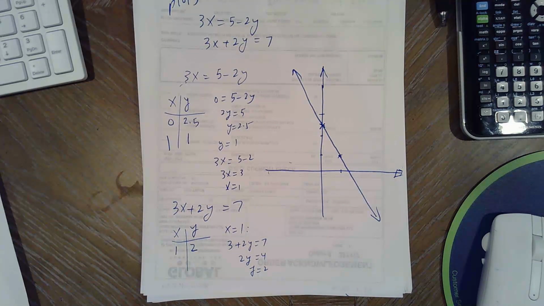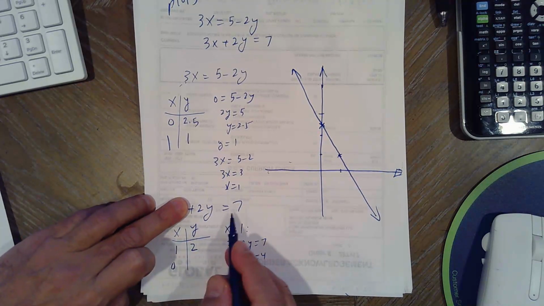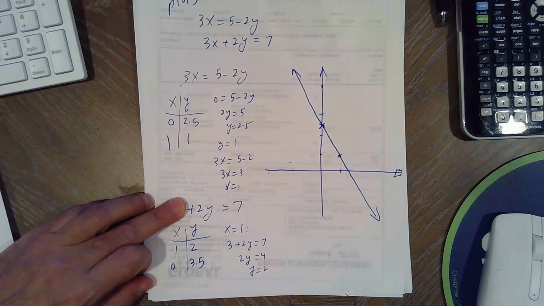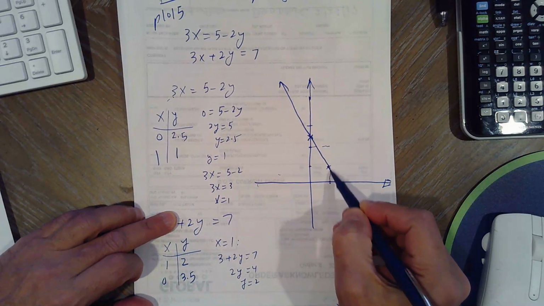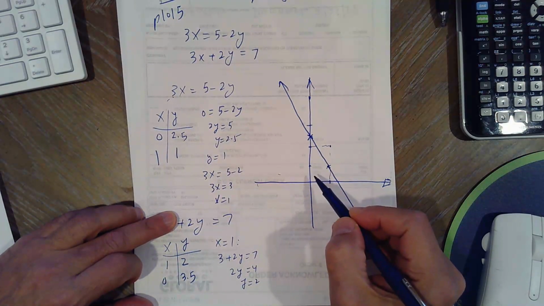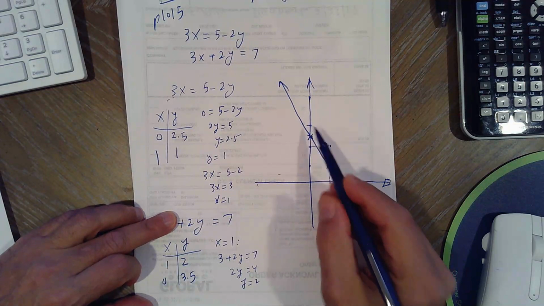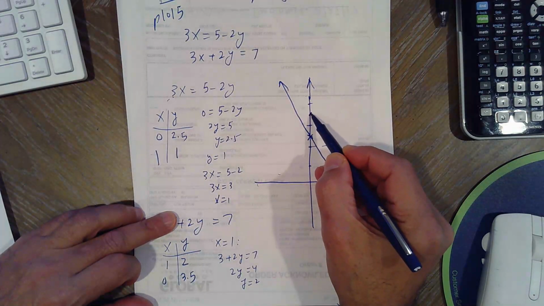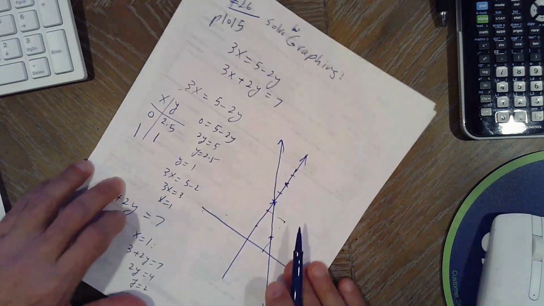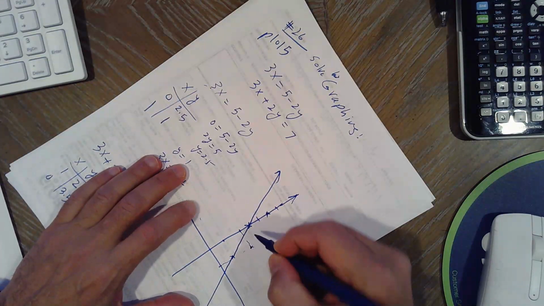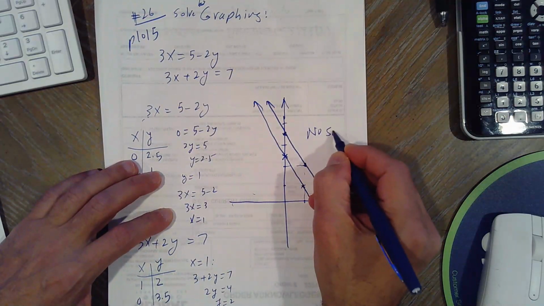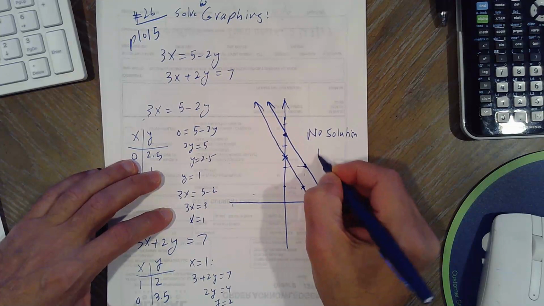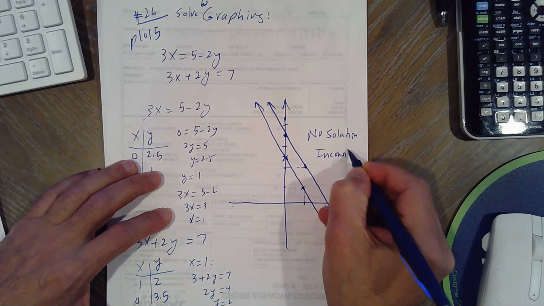And if x is 0, then y would be 3.5, which is not bad. 1, 2 and 0, 3.5. So it looks like the two lines are parallel, meaning we have no solution and the system is inconsistent.